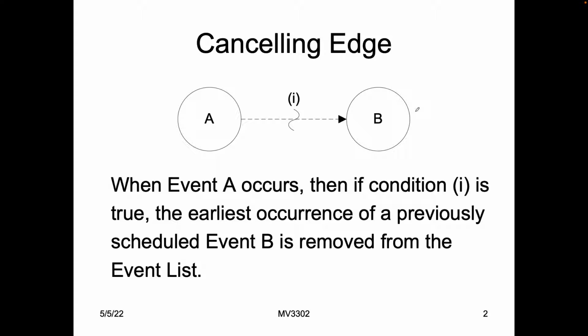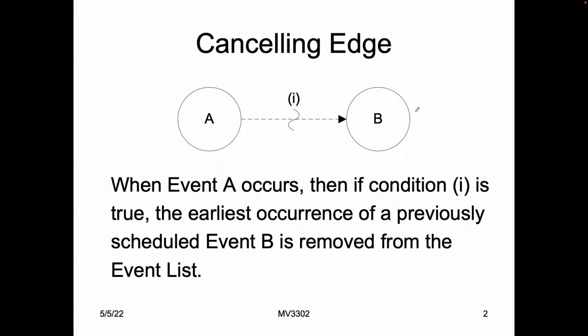But there are situations in which you want to say, well, at a certain time, I thought that this event should happen, but later the model changes its mind and says no. So one way to think about that, if you remember when we were talking about scheduling edges, one little thought experiment was if we have an event where a missile gets launched, and then that would schedule another event sometime later that it would impact, the question might have come up in your mind was, what if the missile gets intercepted?